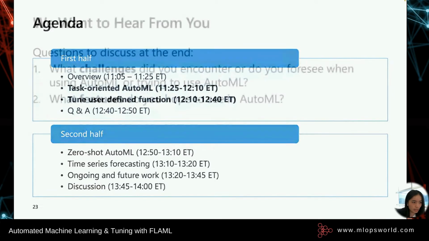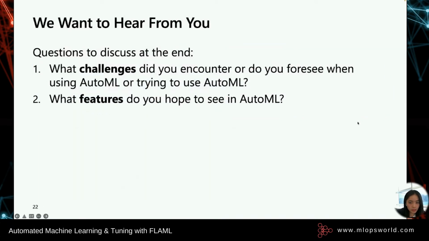Before I start, I want to mention that we want to hear from you. We will have a discussion session at the end of this tutorial. Specifically, we want to discuss these two questions: what challenges did you encounter or do you foresee when trying to use AutoML, and what features do you hope to see in AutoML?